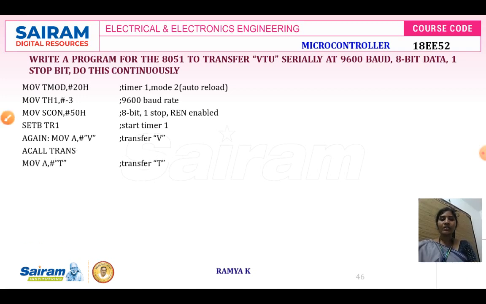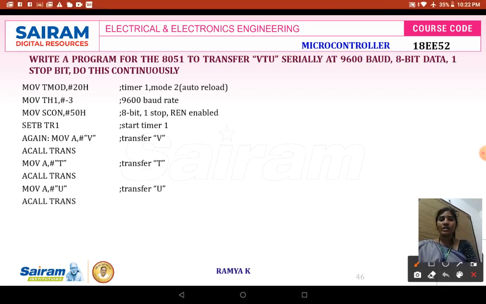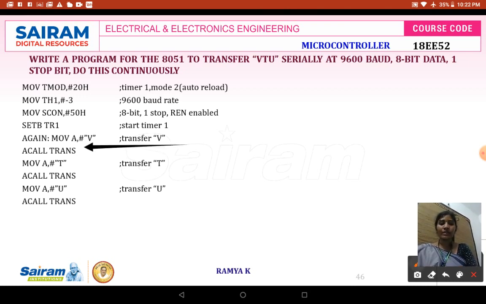Next, I move T to A. Then again I am going to call this transmission. Then ACALL TRANS is your subroutine program. You have to start your program with TRANS. So the program starts with TRANS.